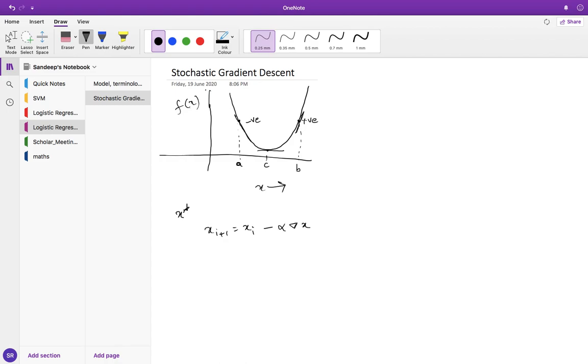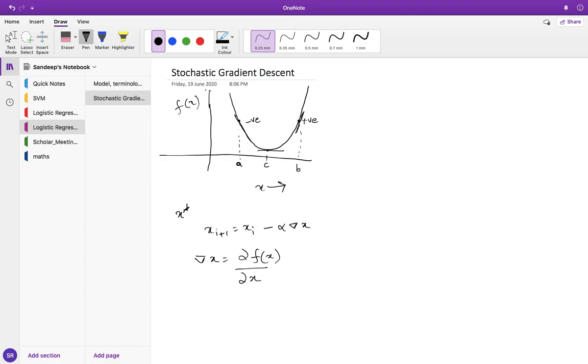So what does this mean, why are we using this negative sign, and what is this delta x? Delta x is nothing but the differential of the function f of x, that is, dou f of x by dou x. And alpha is the learning rate, the step value, the rate at which you are choosing the step size.